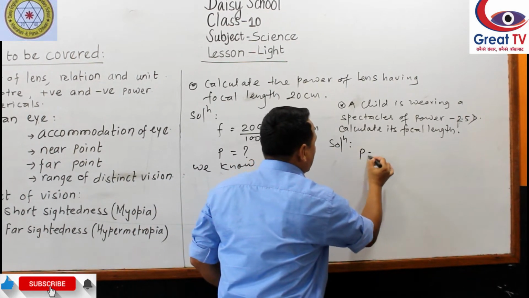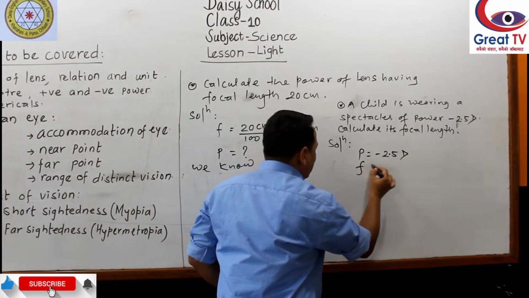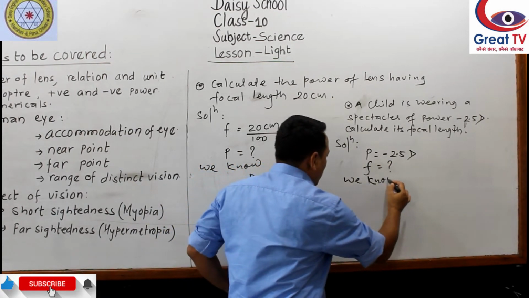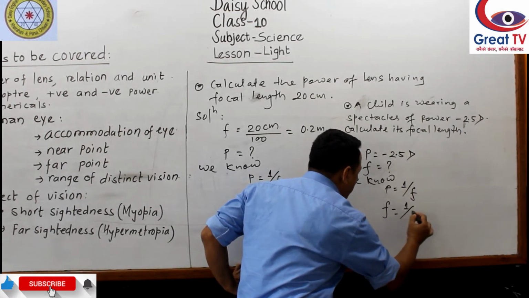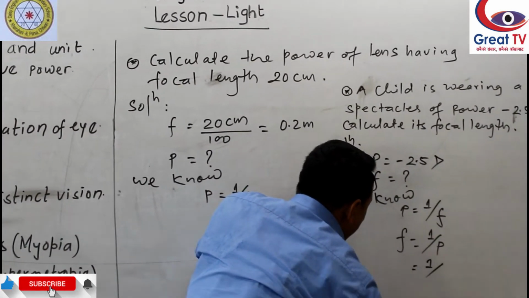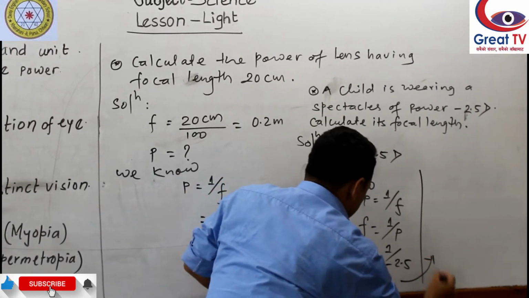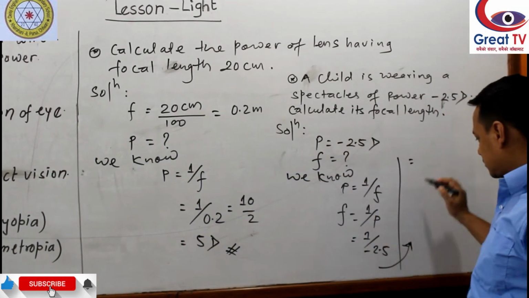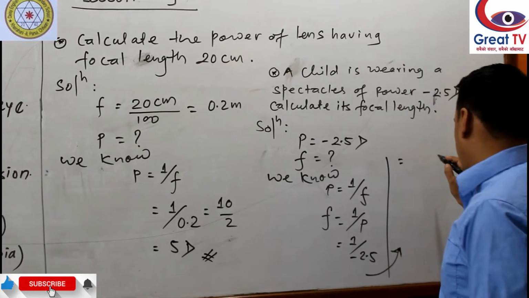Here power P equals minus 2.5 diopter, and we have to calculate focal length f. We know P equals 1 by f, then f equals 1 by P, interchanging f and P. So it will be 1 by minus 2.5. It means 1 over 2.5.